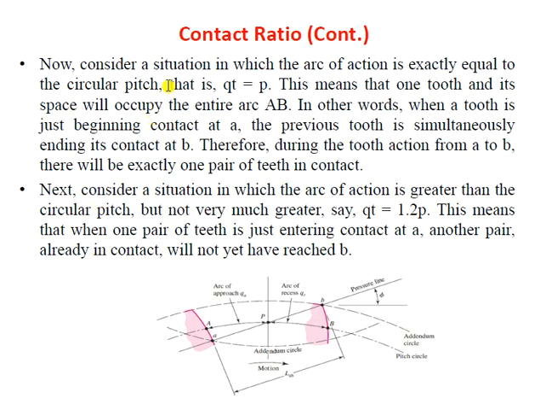Again, here it continues with contact ratio. It is an additional note you can follow here. Q T is assumed for contact ratio and P for circular pitch. So Q T by P equal to 1 means the contact ratio is 1. This means that one tooth and its space will occupy the entire arc AB.